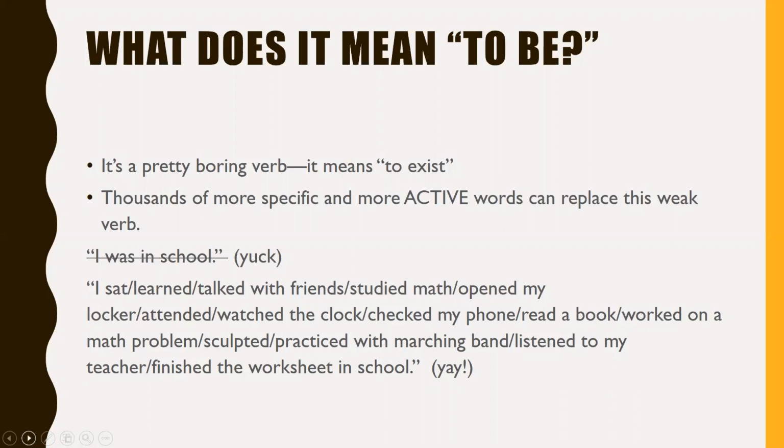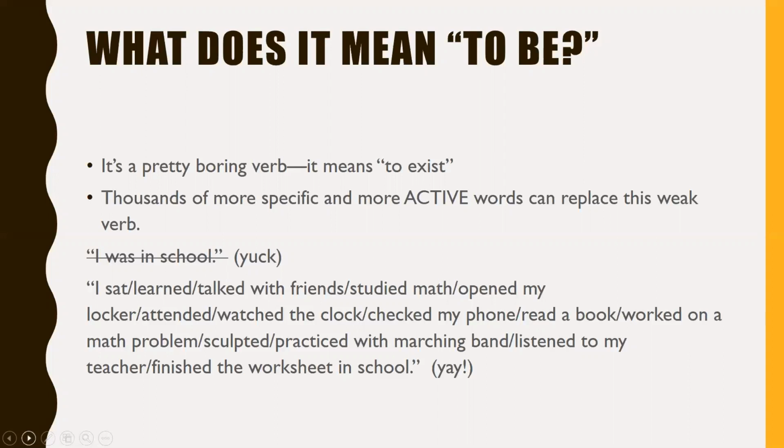So let's take a look at some of the ways we can incorporate the idea of doing something as a replacement for the verb was. I sat or learned, talked with friends, studied math, opened my locker, attended, watched the clock, checked my phone, read a book, worked on a math problem, sculpted, practiced with marching band, listened to my teacher, finished the worksheet.